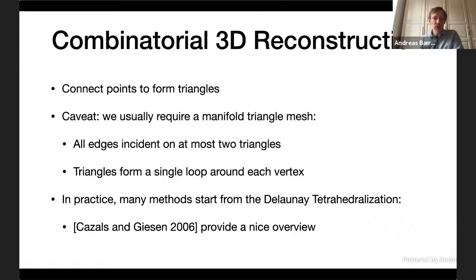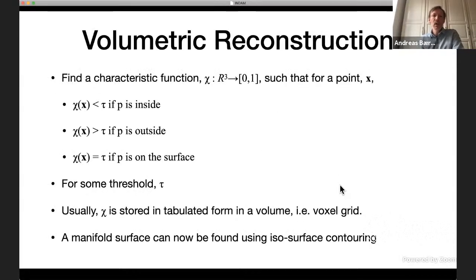And Cazals and Giesen provide a very nice overview, I think, of the methods for Delaunay-based reconstruction, both methods which are based on Delaunay tetrahedralization and also Delaunay triangulation. But still, it's a little bit involved, and many people have been looking at another family of methods for reconstruction. And these are the volumetric methods for reconstruction.